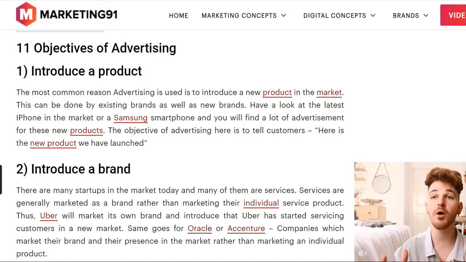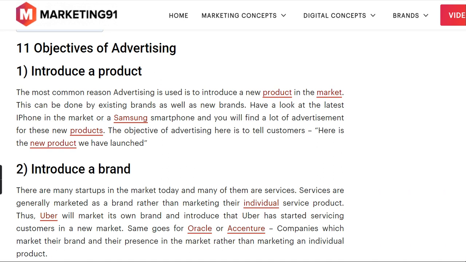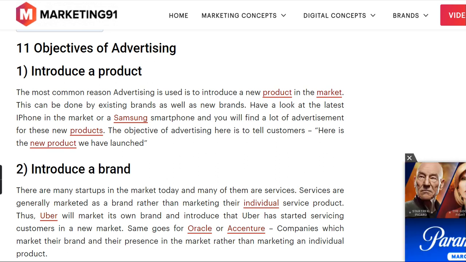Okay, so the key with advertising really here is there are 11 objectives that the book points out, and they're basically condensed and put in this little list. You don't have to know the sequence. You don't have to know extensive detail about each one because there's just things to be familiar with. For example, introducing a product.